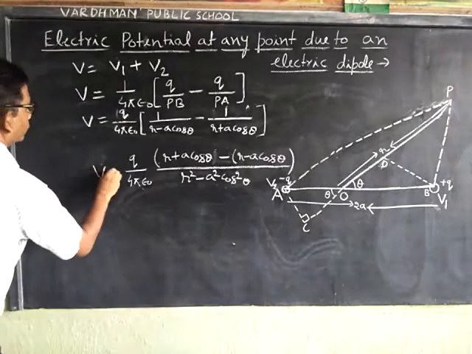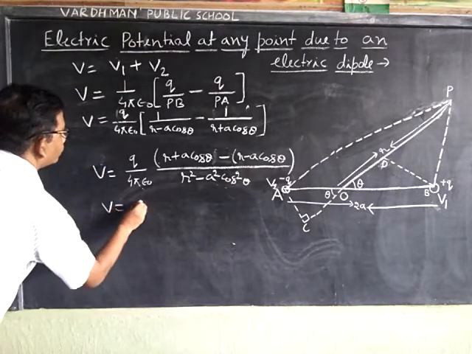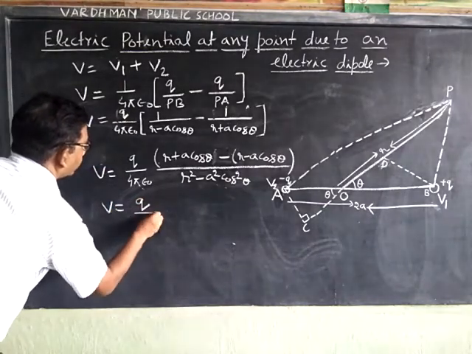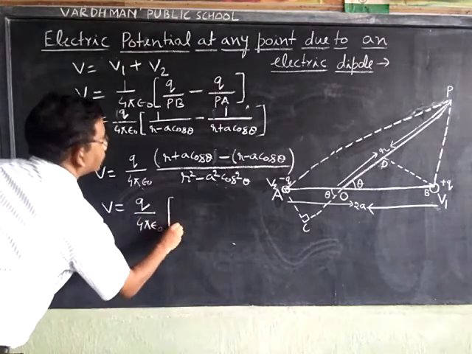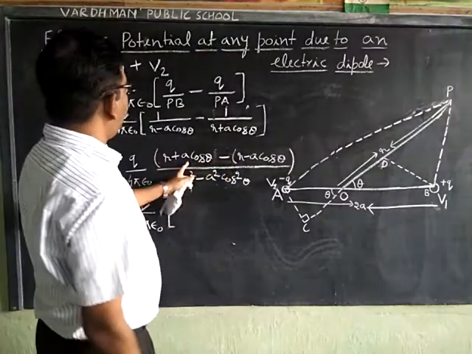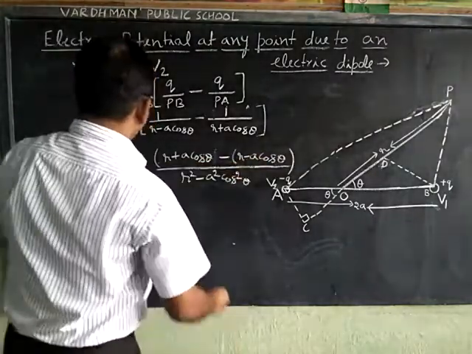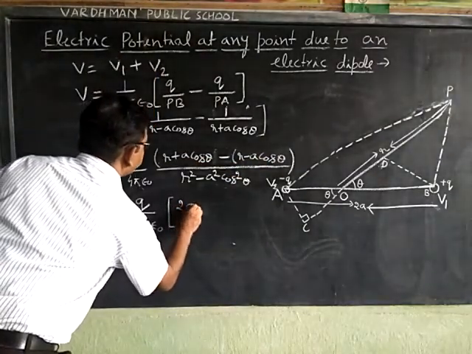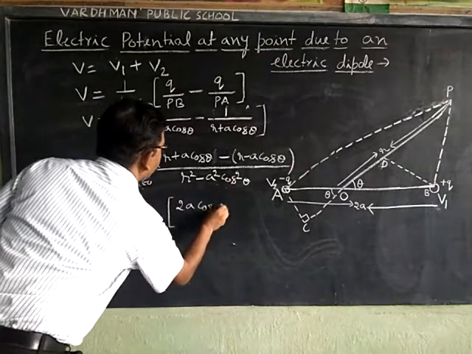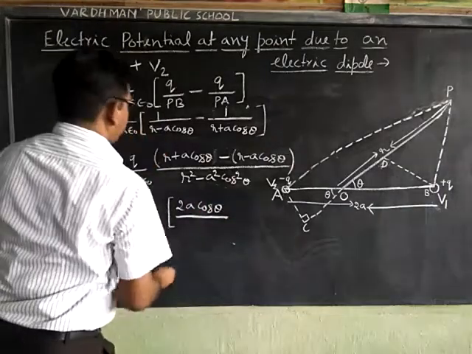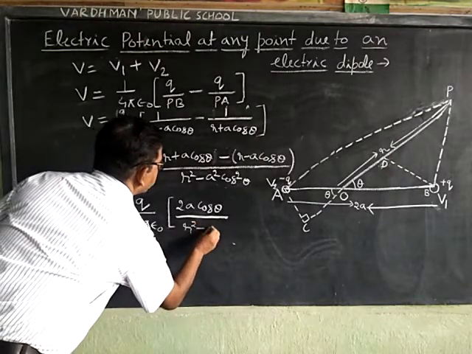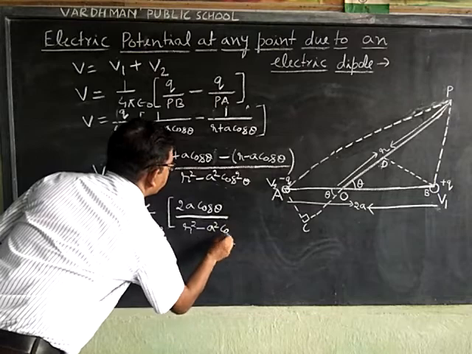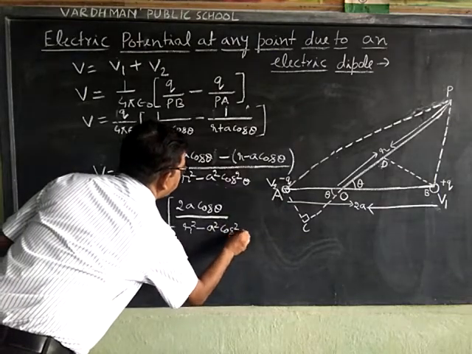Thus V is equal to Q upon 4 pi epsilon naught. Now r cancels, and a cos theta plus a cos theta is 2a cos theta, upon r square minus a square cos square theta.